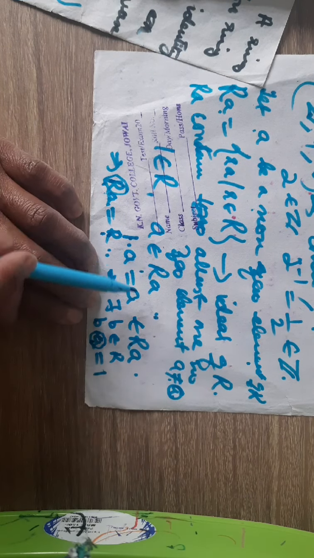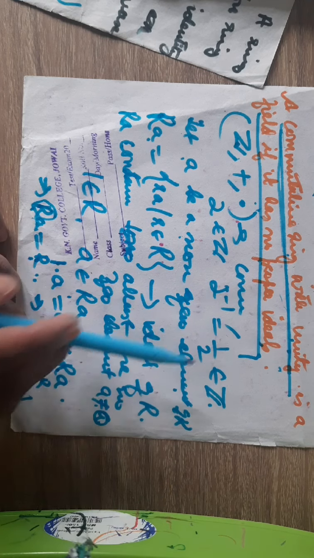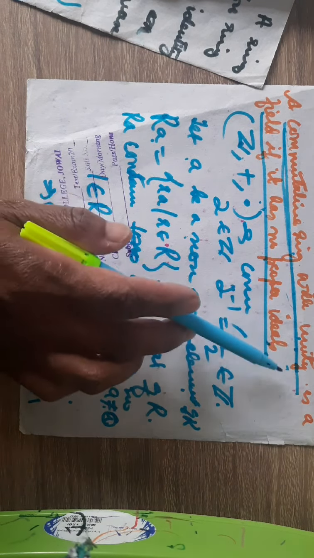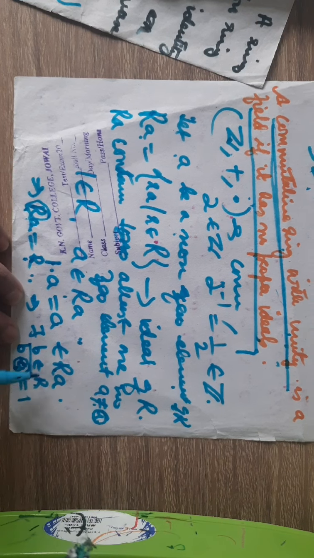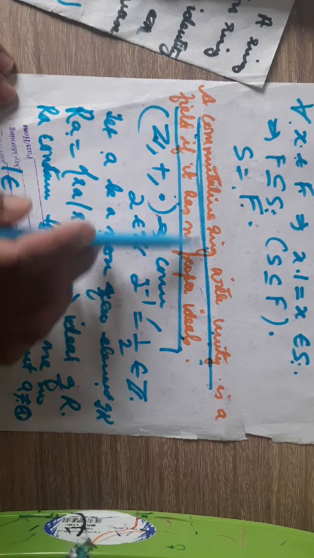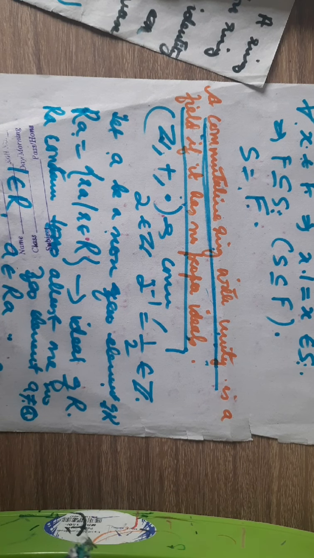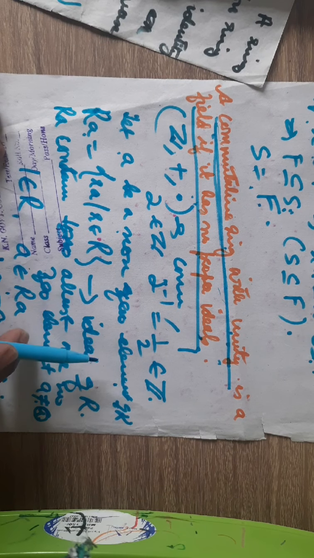So this implies that every non-zero element in a ring which is commutative with unity and has no proper ideal has an inverse in R itself. So this implies that a commutative ring with unity is a field, because every non-zero element here has an inverse, because I am taking A to be just an arbitrary non-zero element.